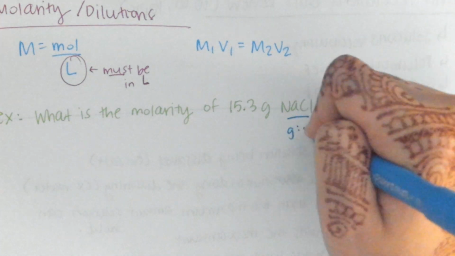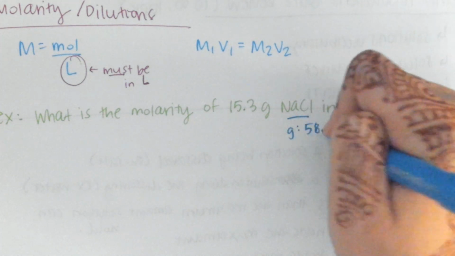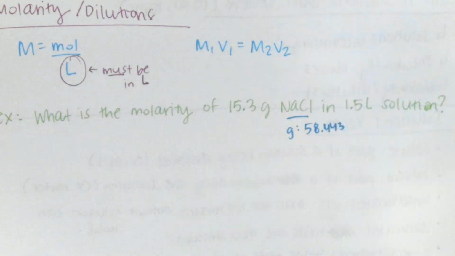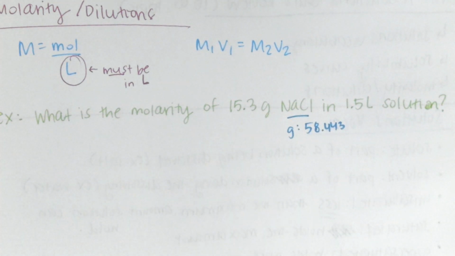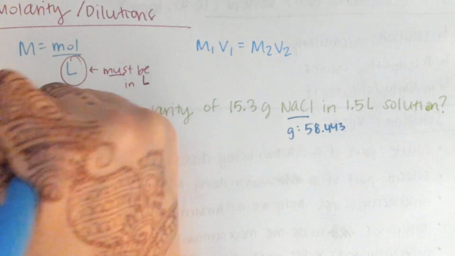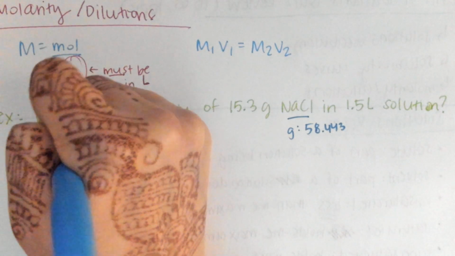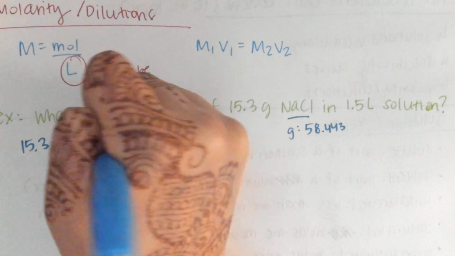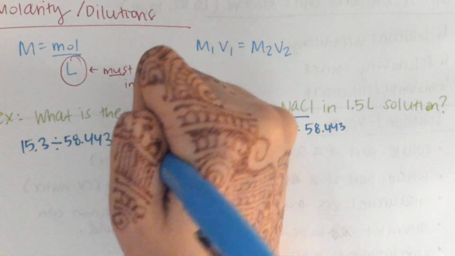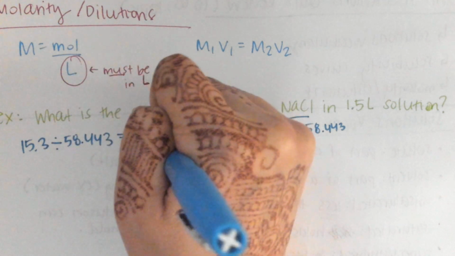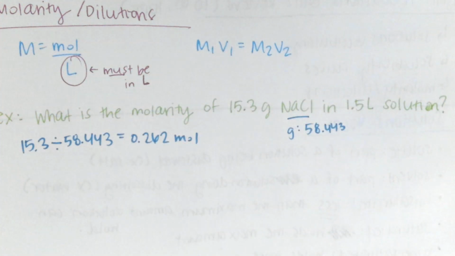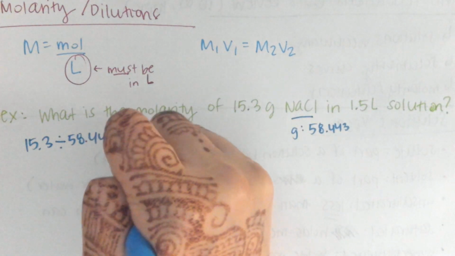So the molar mass of NaCl is 58.443. Okay, and now you take the 15.3 divided by 58.443, you get 0.262 moles. And that's when you plug it in to your equation.